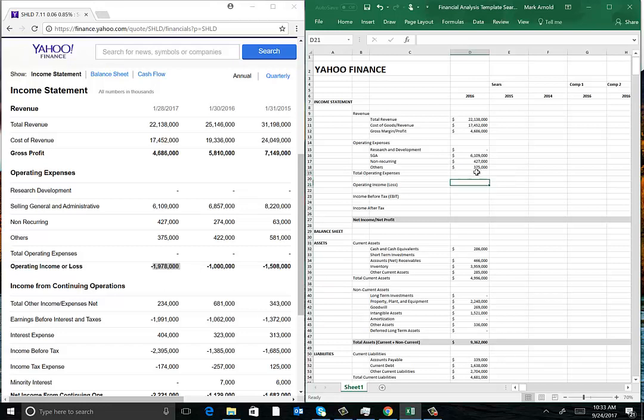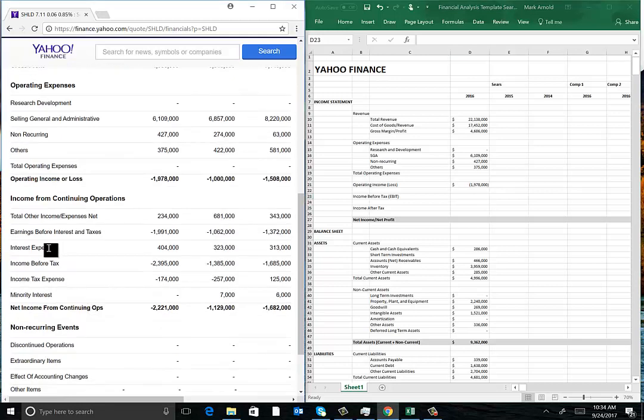I'm not going to sum this out because in this particular income statement, they have it here, but they don't actually sum it, so I'm not going to bother with that. I'm going to go ahead and enter the operating income or loss right here of negative 1,978,000. Okay?